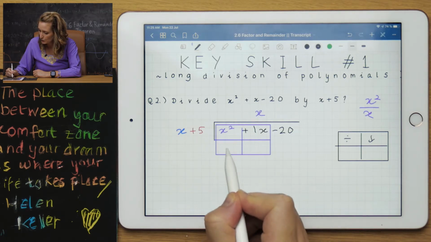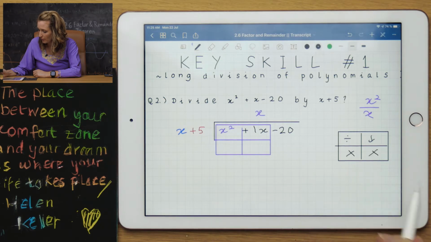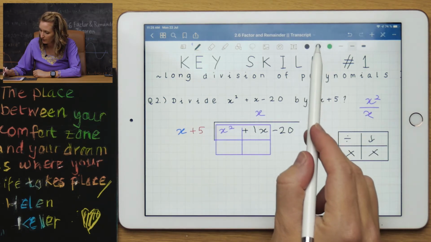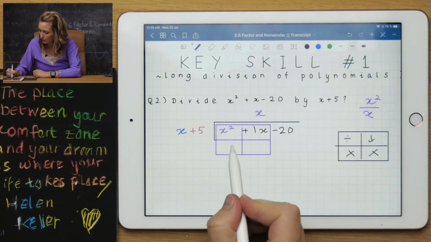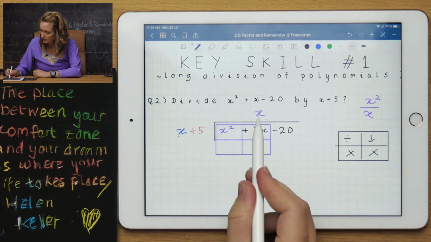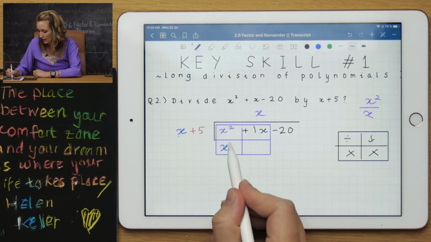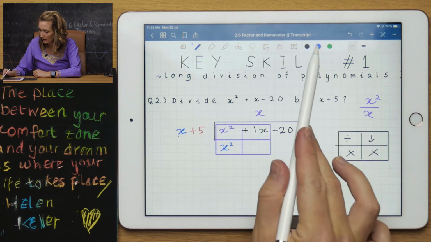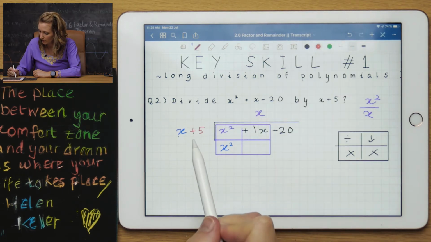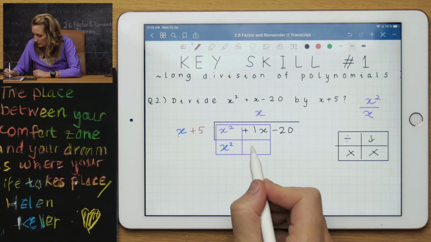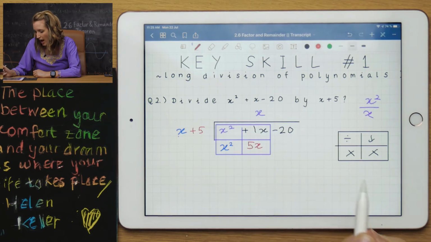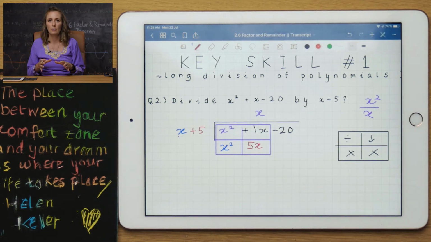To get the bottom two boxes, you multiply and multiply. The first block on the bottom, x times x, is x squared. The next one, 5 times x, is 5x, and that completes your box.